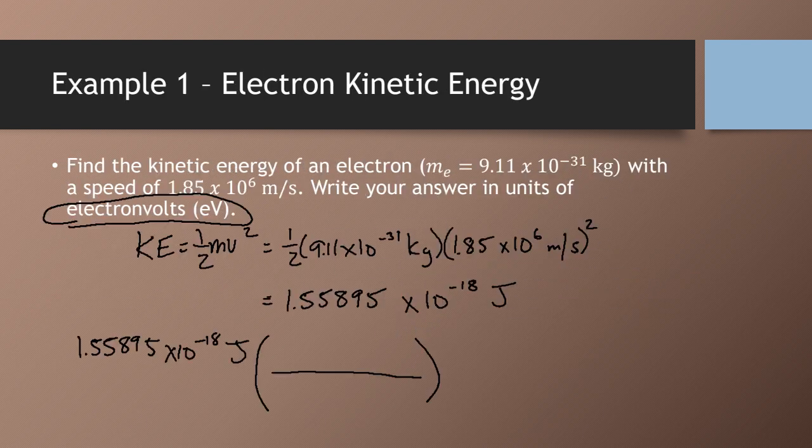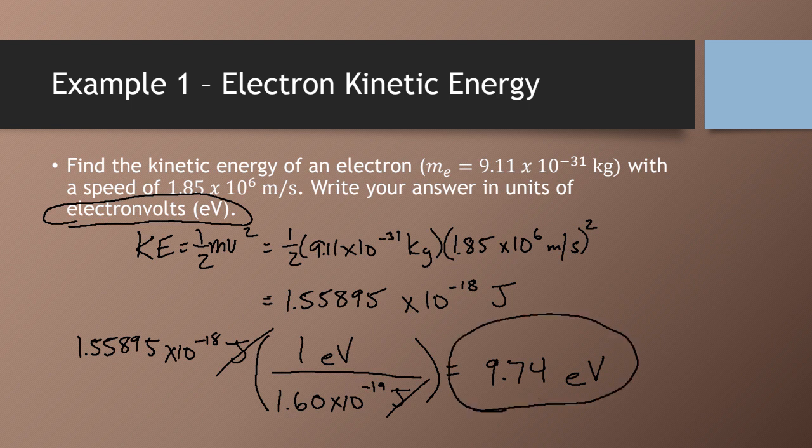So 1 electron volt is 1.6 times 10 to the minus 19 joules, and when you divide, joules will cancel and you're left with an answer in electron volts. You should get 9.74. Here we're talking about the energy of an electron moving at a particular speed, and it's about 10 electron volts, so it's an easy number to talk about.